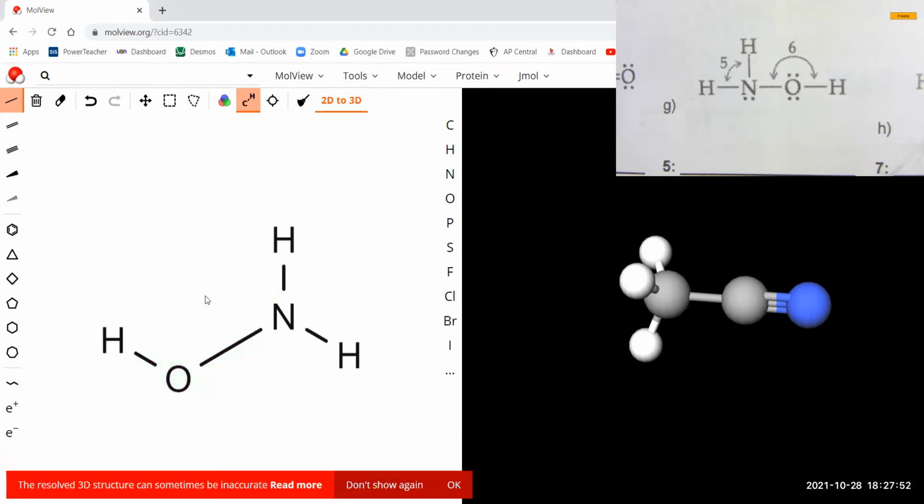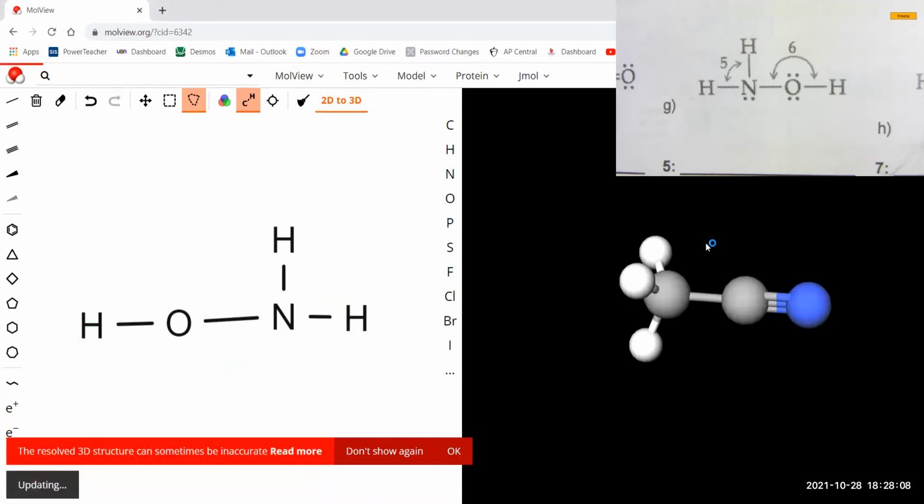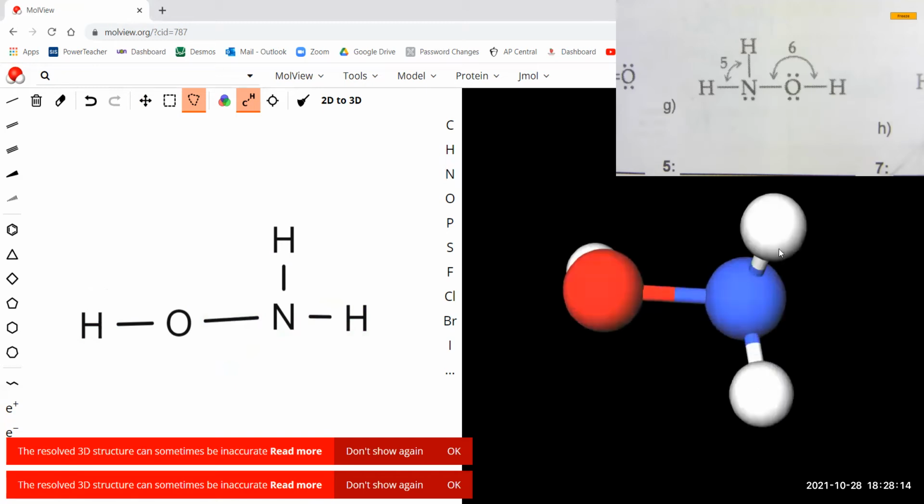It already kind of looks different, but even still, I could make it look the same if I wanted to. I could put them all back in a straight line. It doesn't matter. There we go. When I render it in 3D though, look at this. That's not the shape you were expecting, is it? Right?